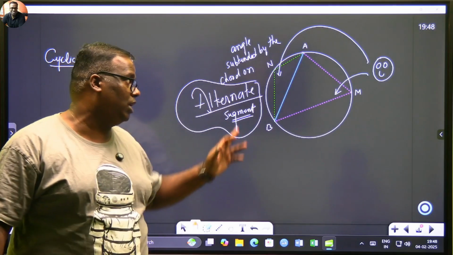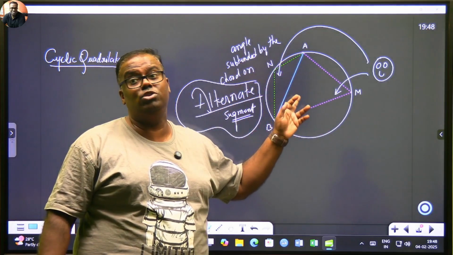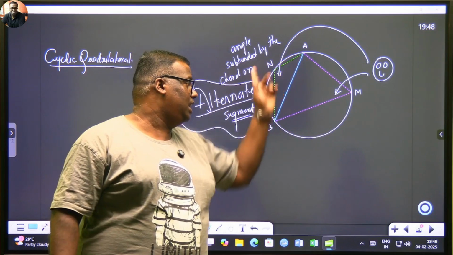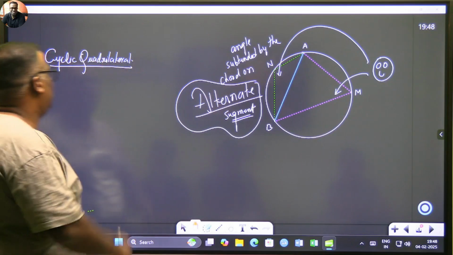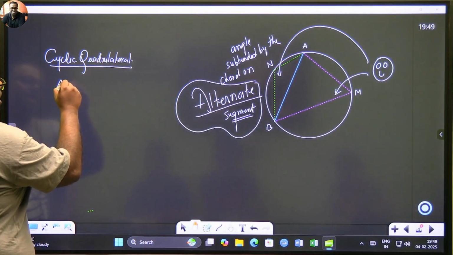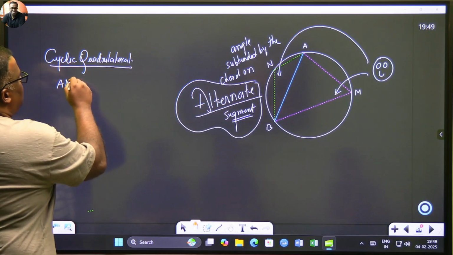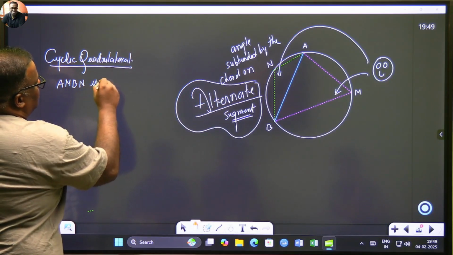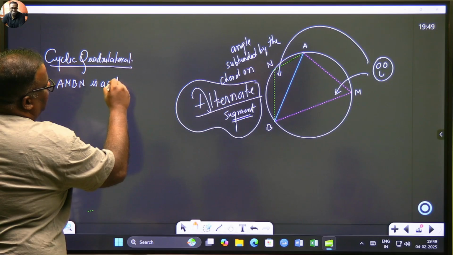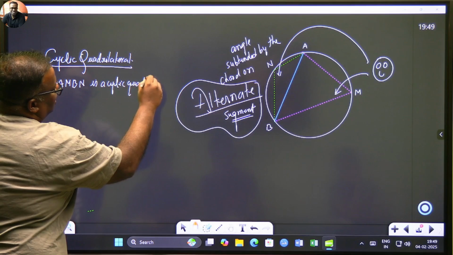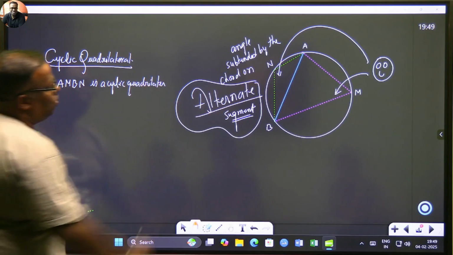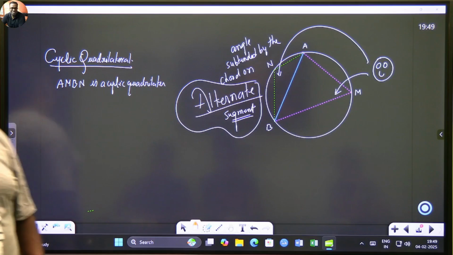You have the freedom to either go clockwise or anti-clockwise, but no jumbling. So either it is ANBM or it is AMBN. Your wish. Okay, so we say that AMBN is a cyclic quadrilateral. What is the criteria? That all its four vertices should lie on a circle.